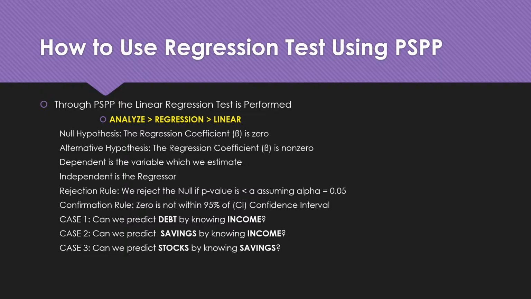Case number 2, can we predict savings by knowing income? And finally, case number 3, can we predict stocks by knowing savings? We can figure this out by forming a linear regression to see if the beta is statistically significant and non-zero.